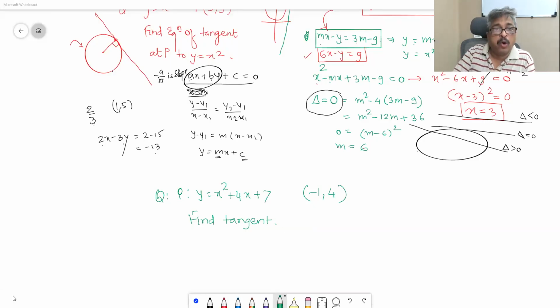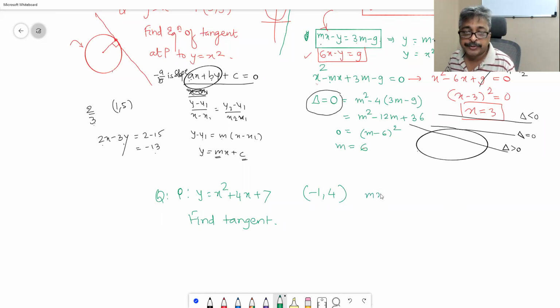Let me solve it quickly now. Let slope be m. Therefore, equation of tangent be mx minus y is equal to minus x minus 4, so y is equal to mx plus m plus 4.